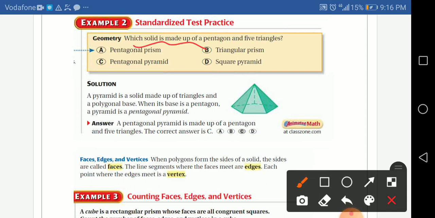A pentagon means that I have five sides and five angles, and five triangles. So this will be, of course, the pentagonal pyramid, because it's made up of triangles and a polygonal base. So this is a pentagonal pyramid.